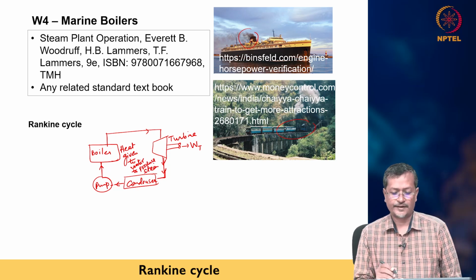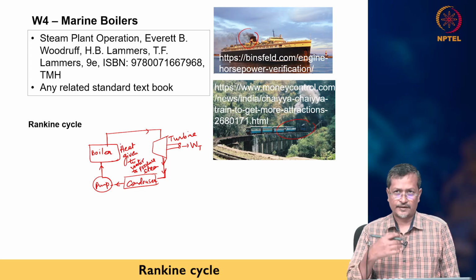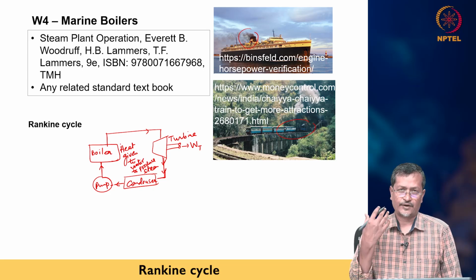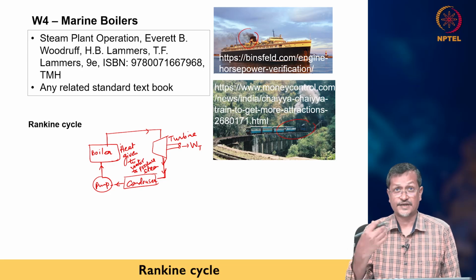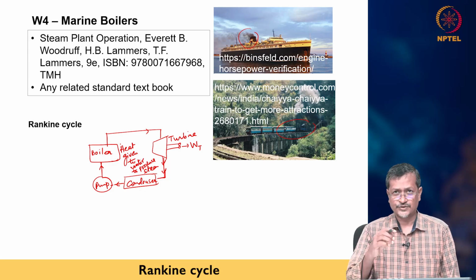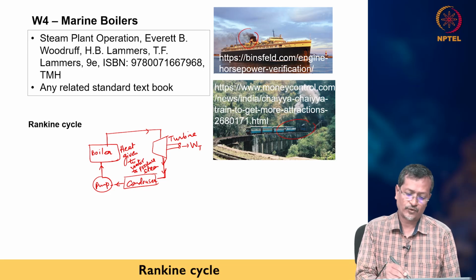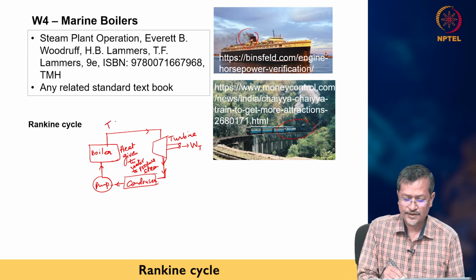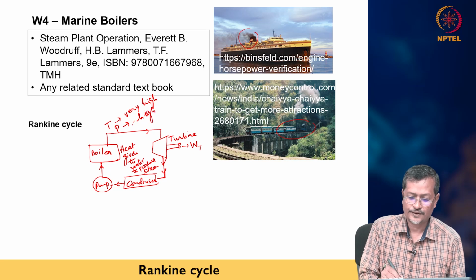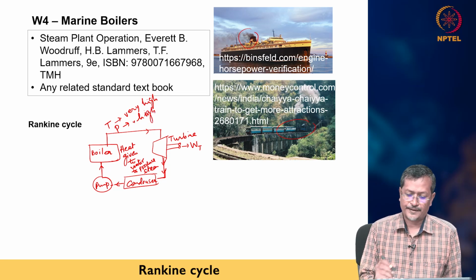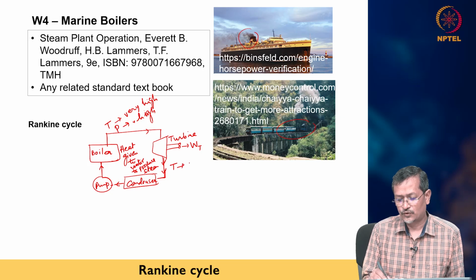In the boiler you are boiling water, and water is taking lots of heat. When it is getting lots of heat, it will be creating steam, superheated steam or saturated steam or maybe unsaturated steam. So that high pressure, high temperature steam will go. After the boiler, the temperature T will be very high, pressure also will be very high. After the turbine, the temperature will be lower, pressure also will be lower.